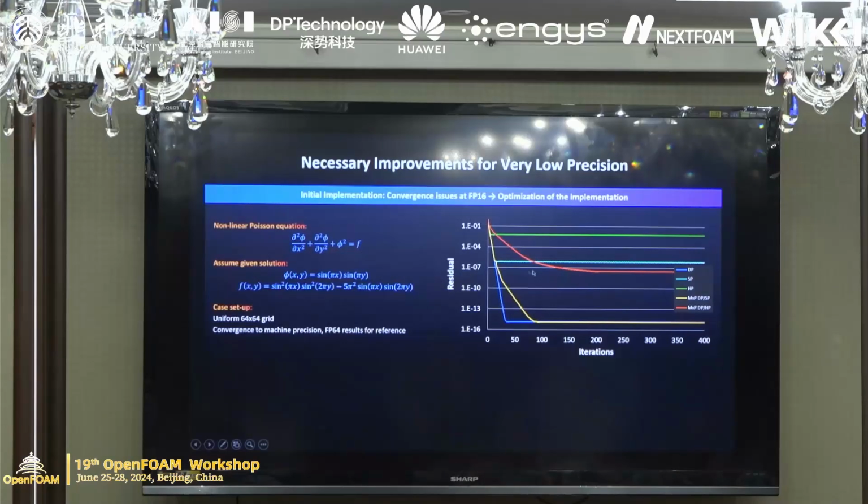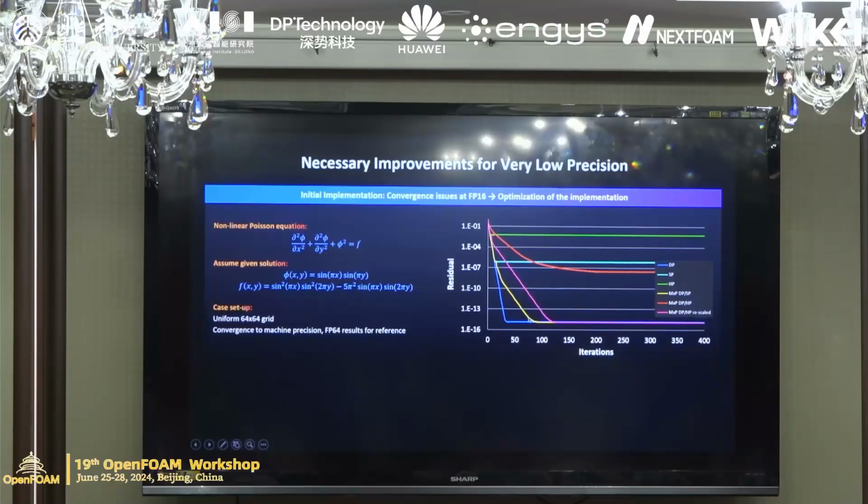In blue, we have the pure double precision simulation. That's our reference, the best result that we could expect, and the target that we are trying to get. In light blue, we have the result we obtain only in single precision, and in green, only in half precision. In those two cases you get the typical plateau that you reach when you hit the machine precision accuracy in single and half precision.